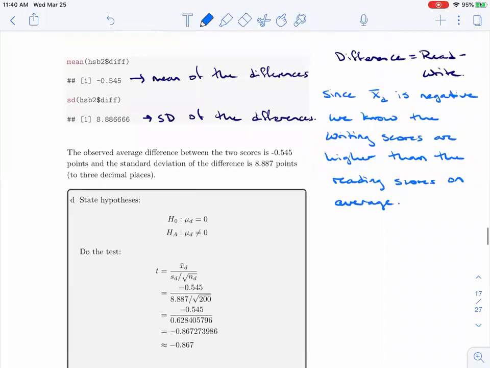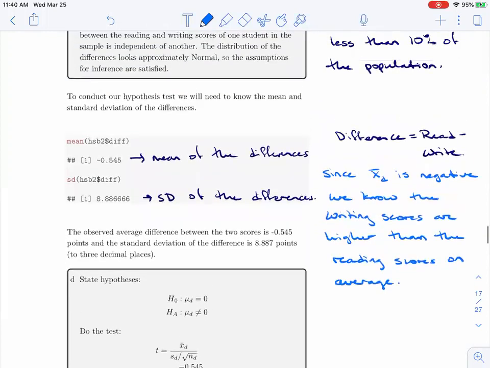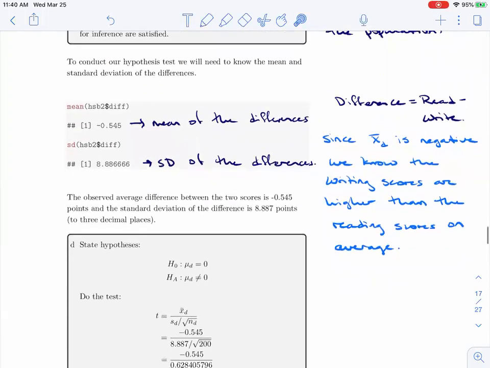We just wanted to know if there's a difference, but this is where we would have to go if we wanted to do a one-sided test. If I want to know if the reading scores are higher than the writing scores, then I would want to know, how is that reflected in the mean? Does it give me a positive mean or a negative mean?